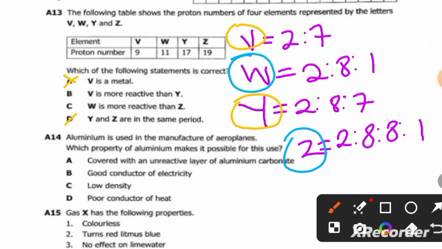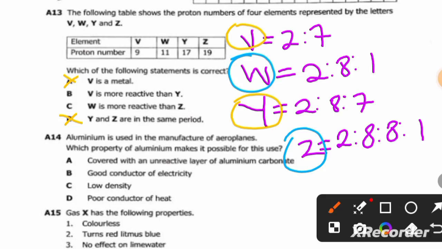No, they are not in the same period. The reason being they have different shells. Y has 3 shells, Z has 4 shells. So Y is in period 3, Z is in period 4. Okay, so we are remaining with B and C.